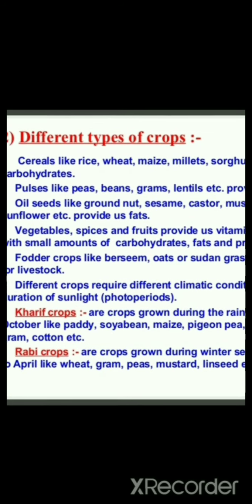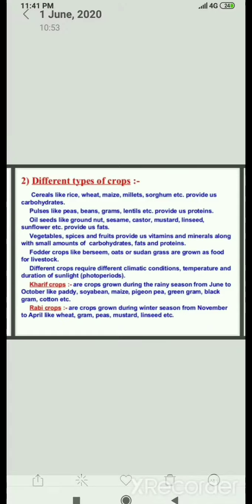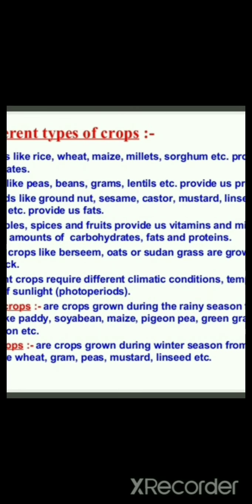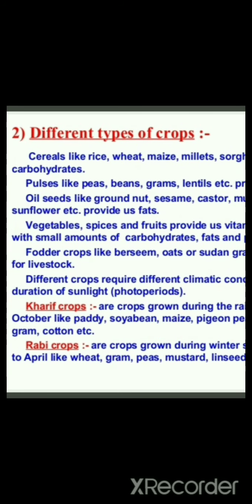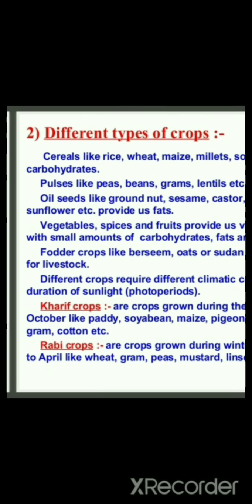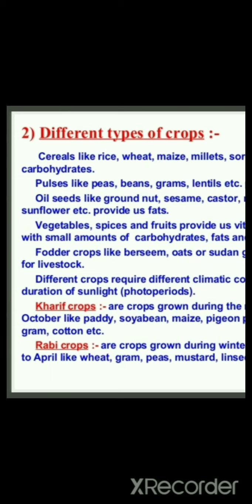Vegetables, spices, fruits provide us vitamins and minerals along with a small amount of carbohydrates, fats and proteins. Fodder crops are the feed of animals, like berseem, oats, Sudan grass, grown as food for livestock. Livestock are domesticated animals.